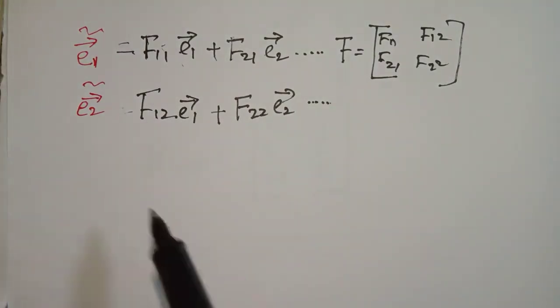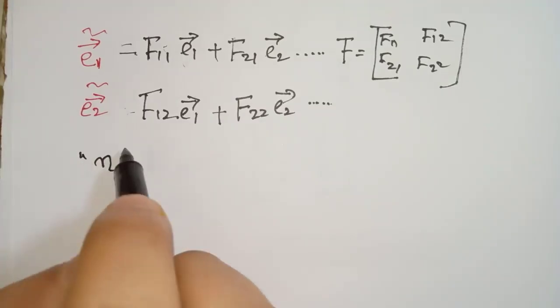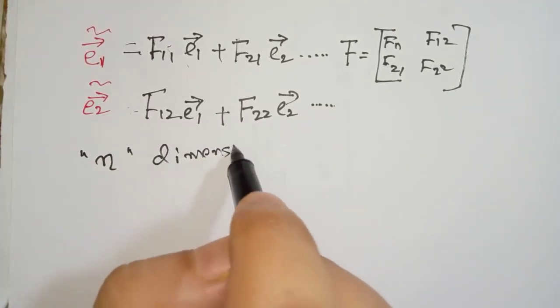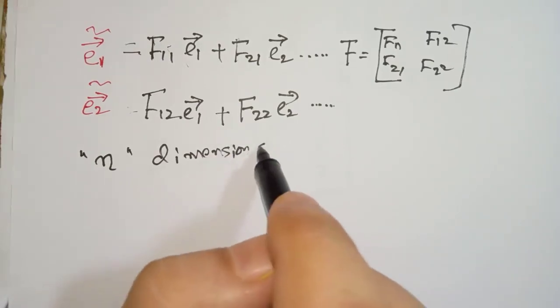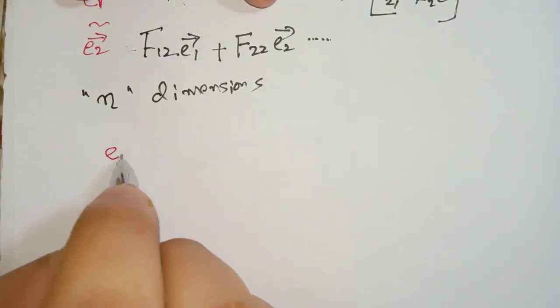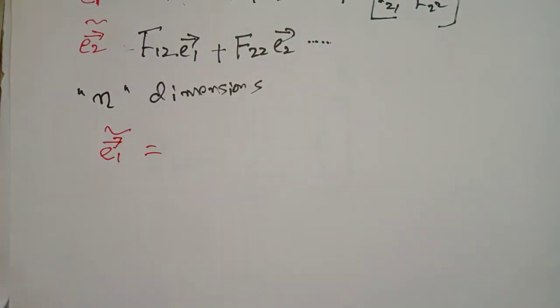So what if we want to make it for n dimensions? For n dimensions, how will we write the matrix? Again we are going to get E1 tilde equals to, so we put it in this way.